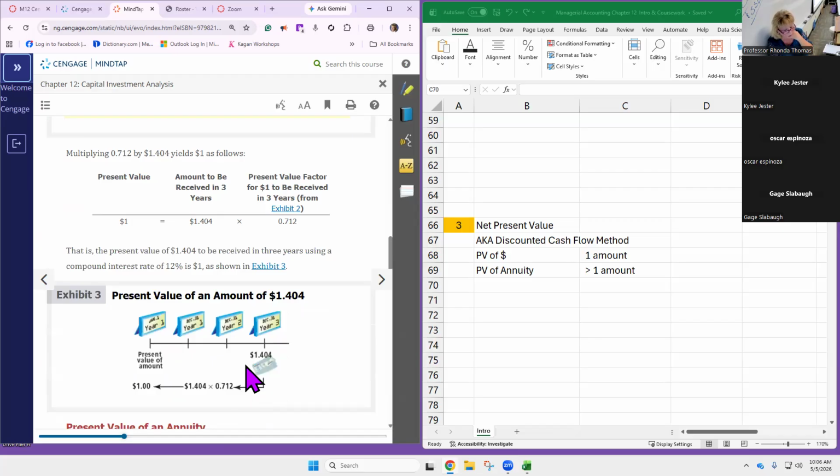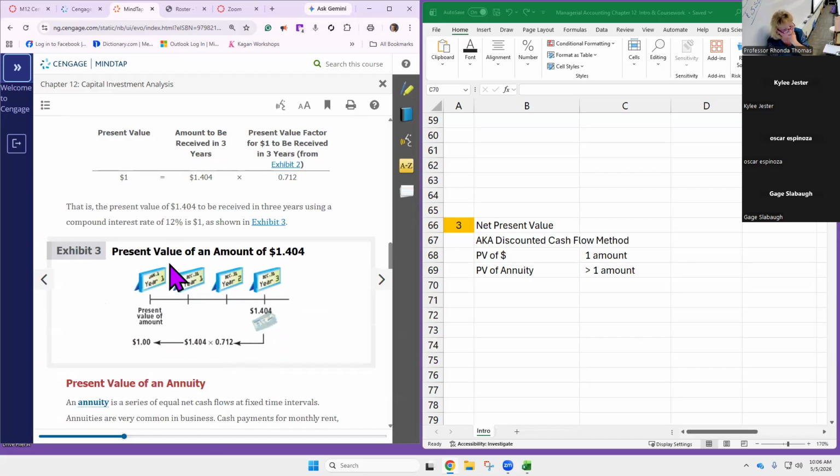So if you want $1,404 in present value, 3 years from the present value of today, and you take this number times that factor, of course, you get a lot lower number, right?